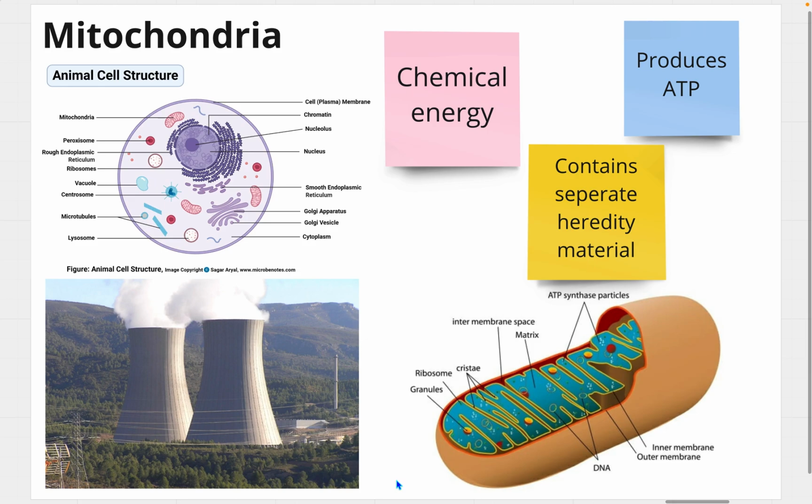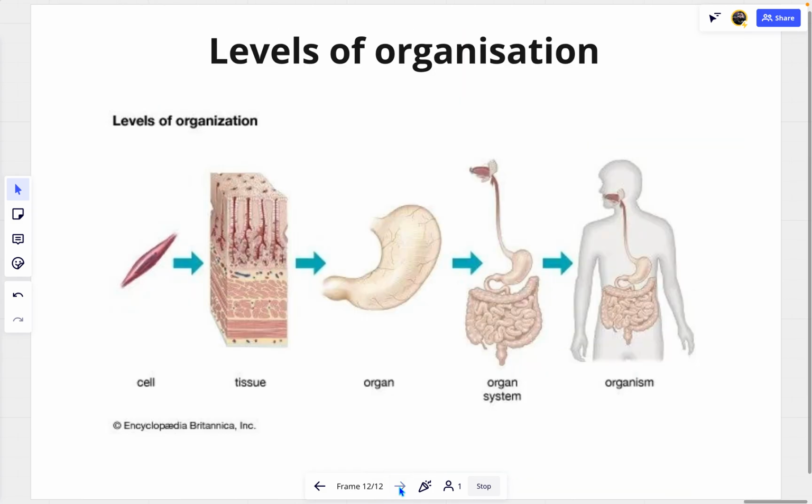Well, there's something called a level of organization. Levels of organization in your body explain what these cells can form and how it pieces together to form your body. So basically, a cell is formed from the multiple organelles that I explained just now, and it can go on to form tissues. And no, not the ones you blow your nose with. In this case, tissues are groups of cells that have similar structure and that function together as a unit.